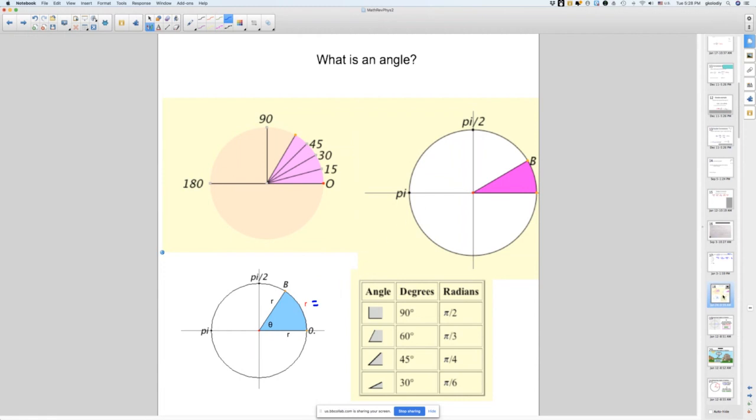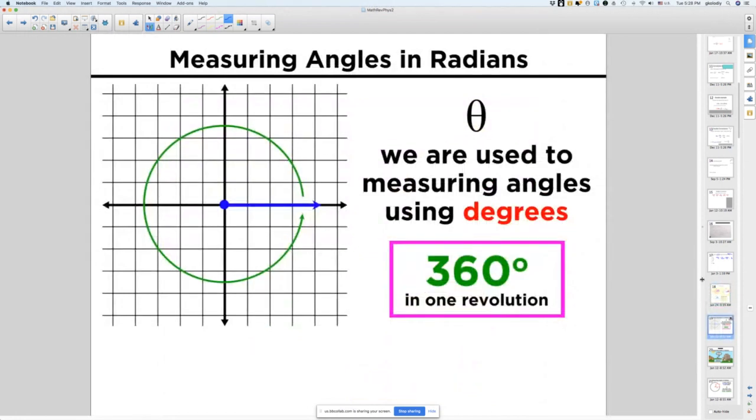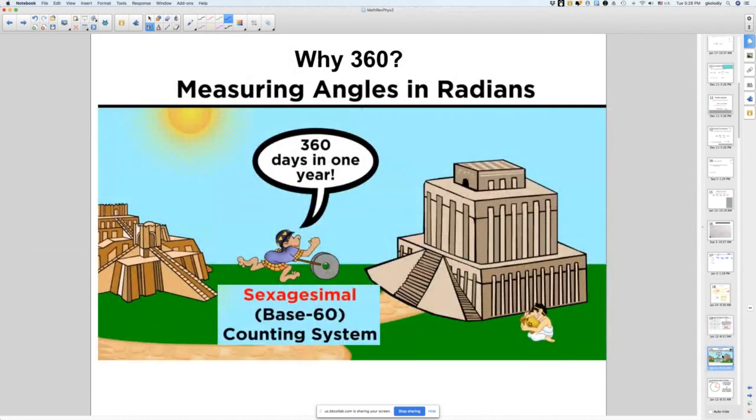But first of all, you may be interested in thinking about who came up with 360, that one revolution is 360 degrees. Where did that come from? We think that in ancient Greece, there are a couple of things about the number 360. There are about 360 days in 1 year.